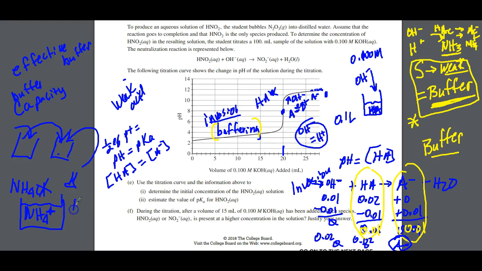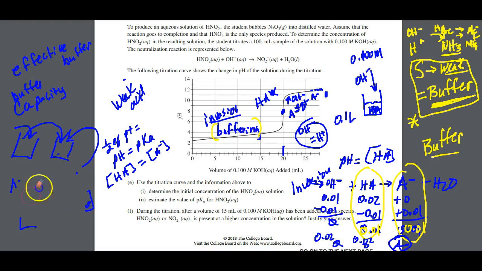Well, you could add ammonia, right? If you add the right concentration of ammonia, now you've got a weak base and its conjugate acid in the same beaker. You got a buffer. This would be a basic buffer, right?